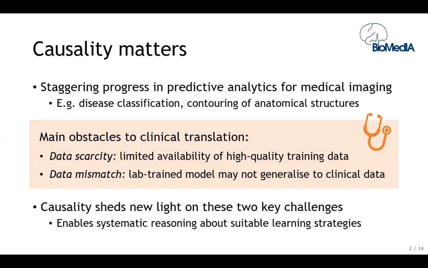And we think that this is mainly because of these two big challenges. First of all, is data scarcity. We just don't have enough labeled data to represent the real data we'll find in practice. And the second one is data mismatch, which is basically that the data we do have is not representative of the test data.